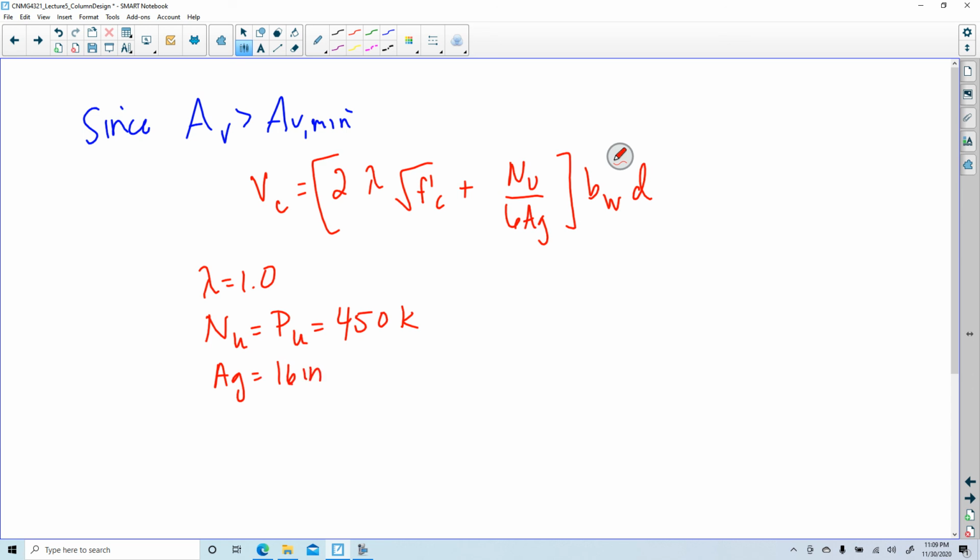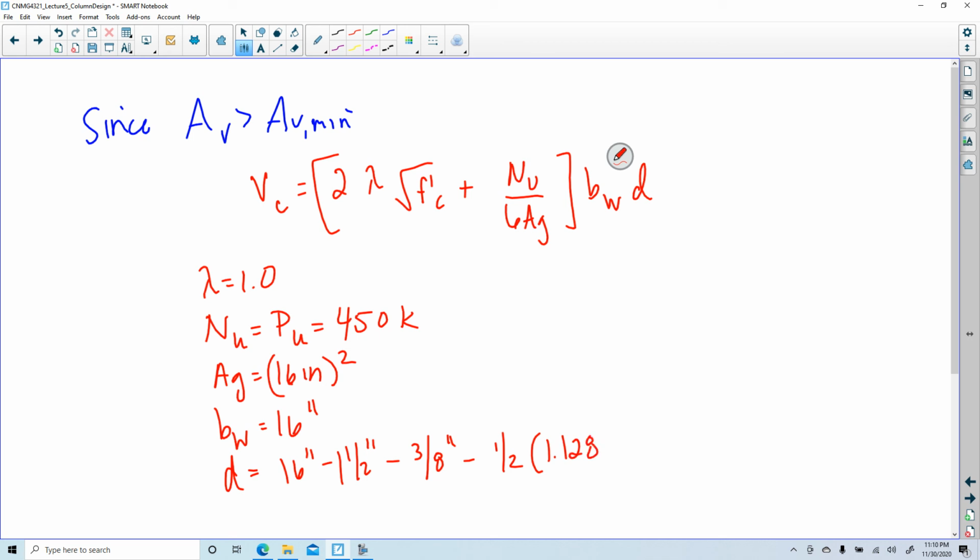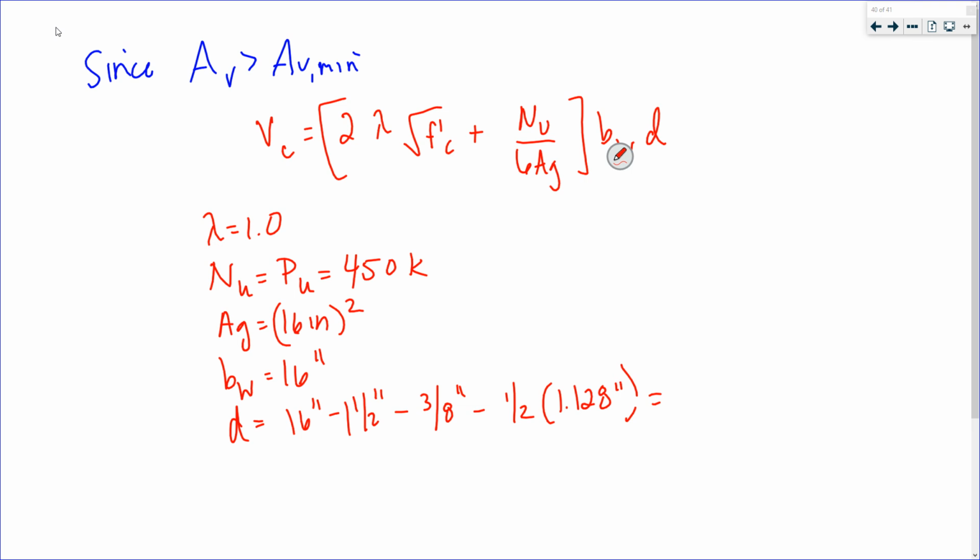Ag is 16 inches squared. bw is 16 inches. d is very, very extraordinary. d is 16 inches minus 1.5 inches of cover, minus 3/8 of an inch for my stirrup, minus 1/2 of a number 9. It should be like 13.56.